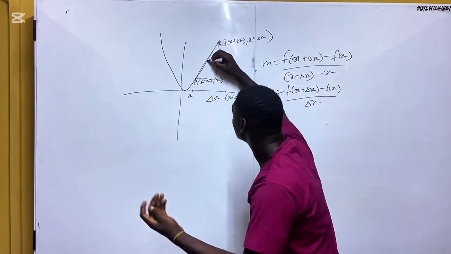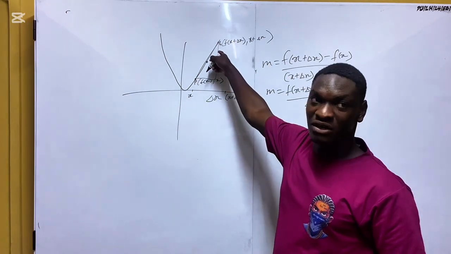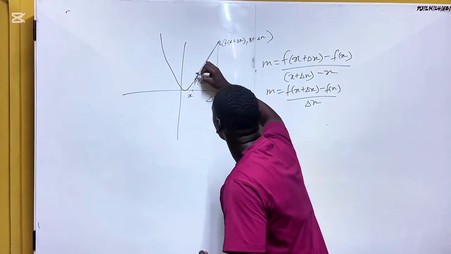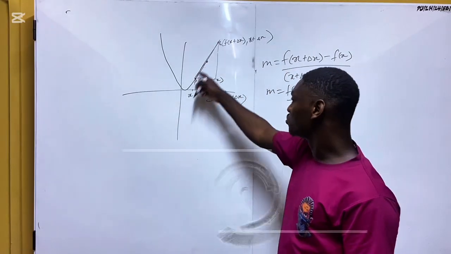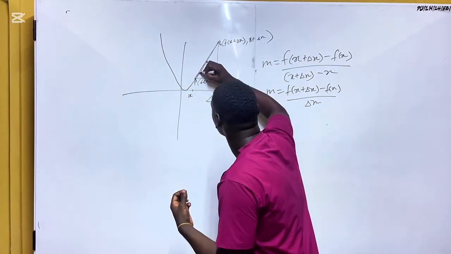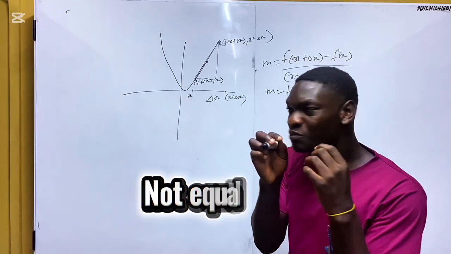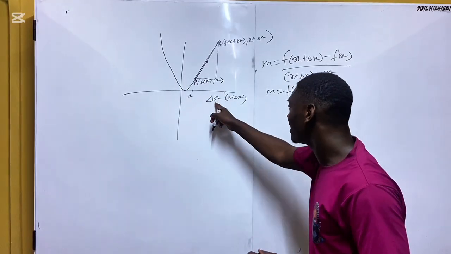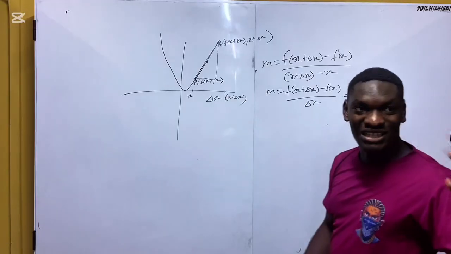So we get another point, say here, where n is a different number. So between here and here, we can get the gradient. But we don't want the gradient between these two points. We want the gradient at P. So we just keep changing the point till the point is infinitesimally close to P, but not equal to P. Because if it's equal, it means change in x is 0, and if change in x becomes 0, we get something over 0, which is indeterminate.